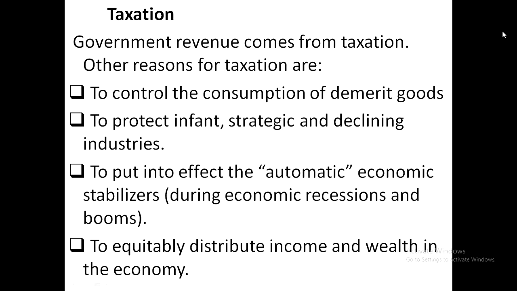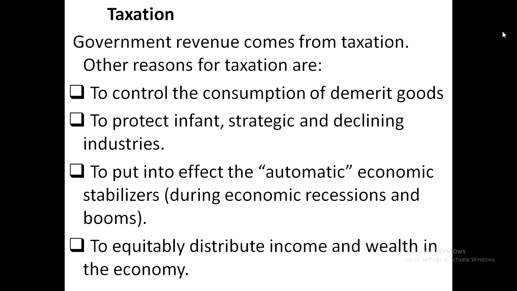For example, government can charge taxes to control the consumption of demerit goods. What are demerit goods? These are goods that are deemed not fit for consumption or not desirable for consumption. Goods like beer and cigarettes can be considered demerit goods.